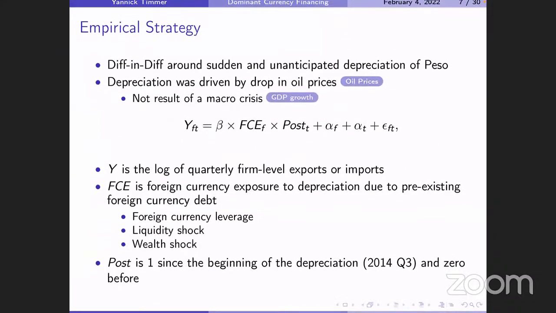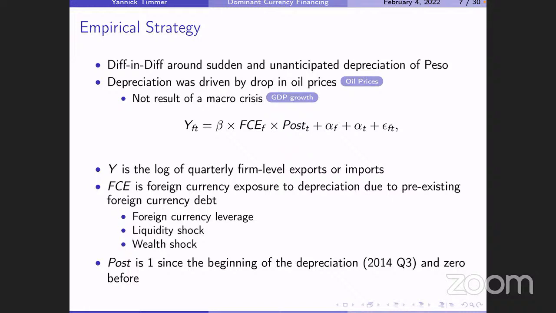So which identification strategy are we employing? We use a standard difference-in-differences approach around this sudden and unanticipated depreciation of the peso. And as I mentioned before, the depreciation was driven by a drop in oil prices. So it was really sudden and unanticipated, which is important because if it was anticipated or driven by certain firms that we use as treated firms, that could really affect our results in a way that we would not want.